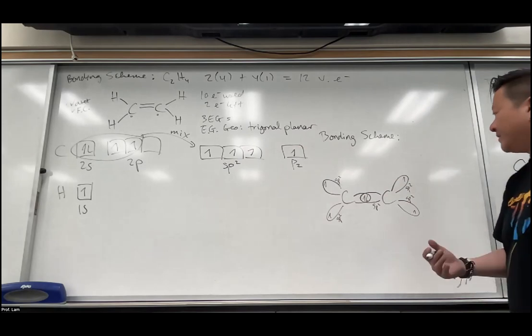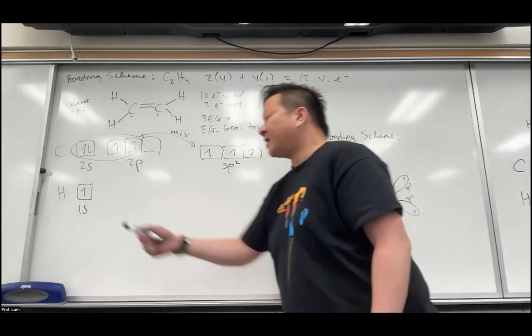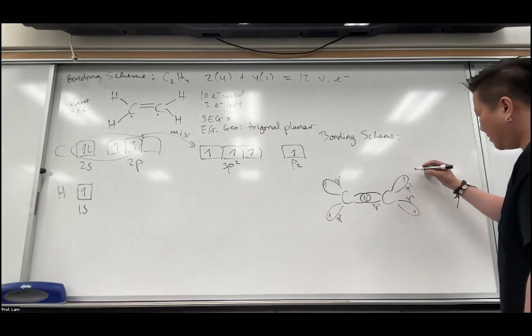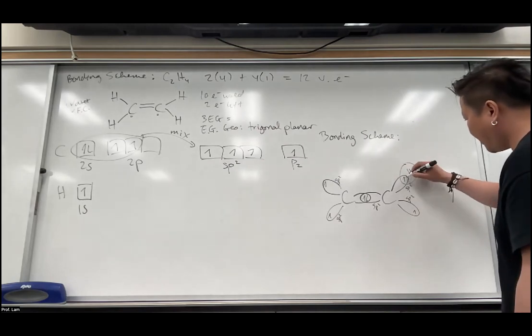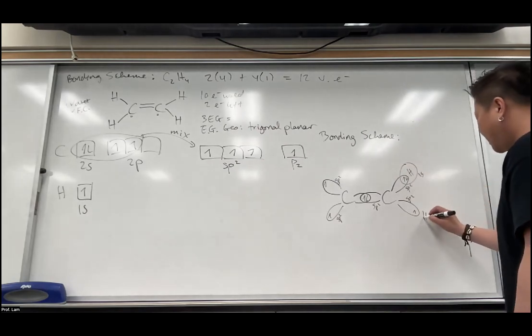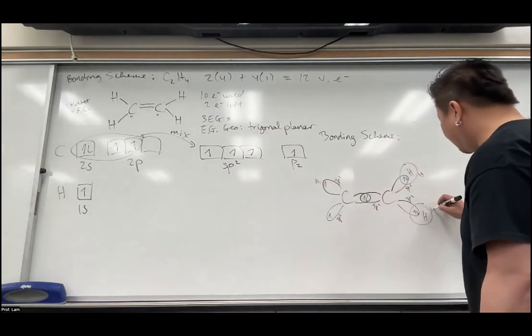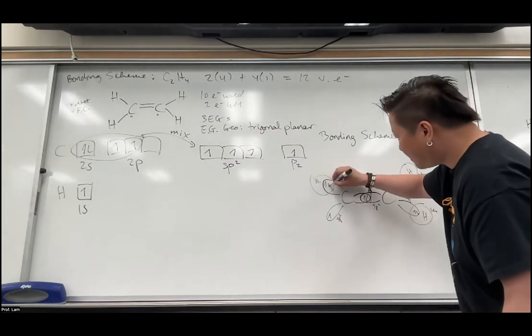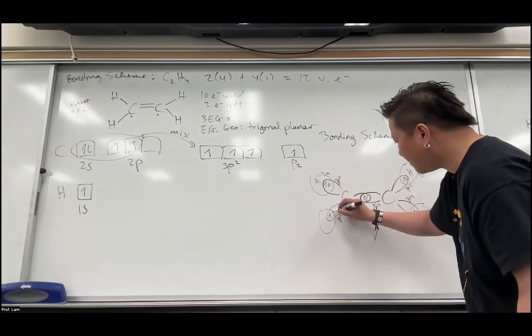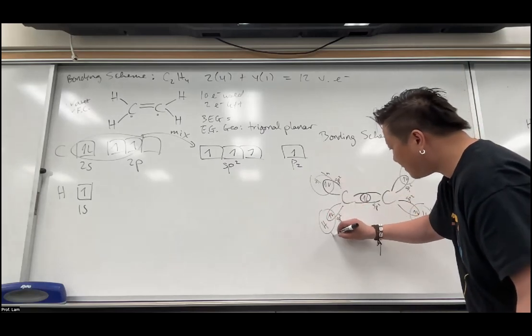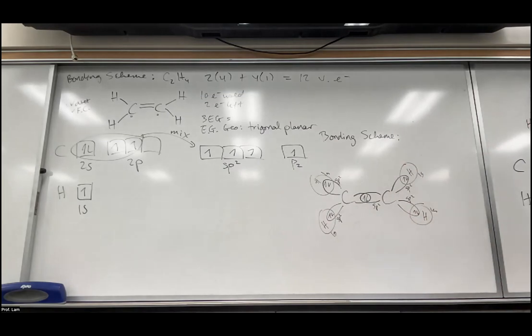Okay. And then after that, we do plug in the hydrogen where there's single electrons. So hydrogen is going to bond there. Hydrogen is going to form a bond here, right? With its 1s. Right.